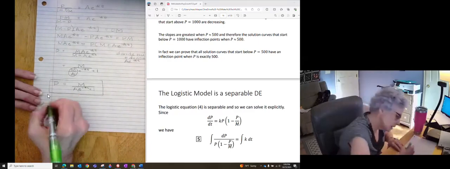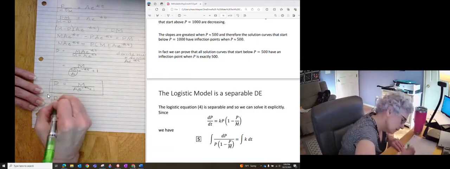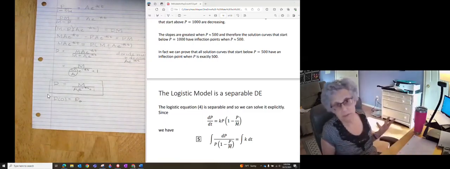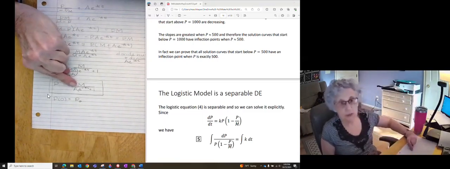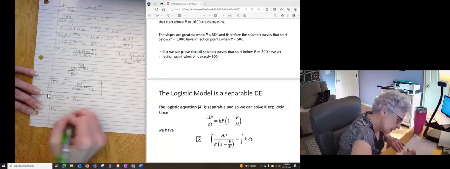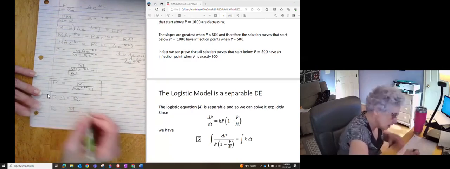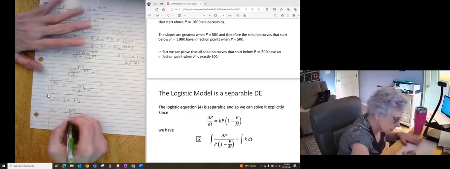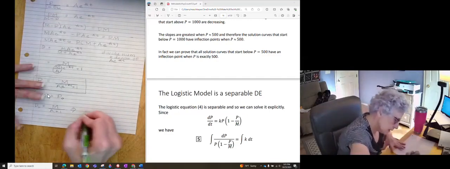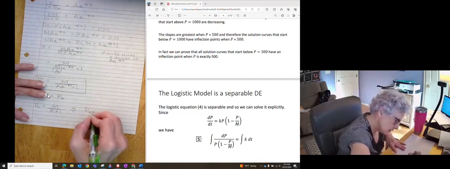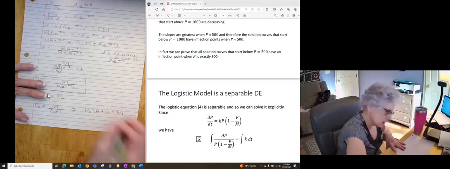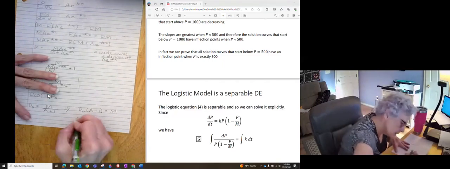You just need to figure out what this constant is if you have an initial population. So if p at time 0 equals p sub 0, then you can determine what your a is, because then p sub 0 has to be equal to m over e to the 0, so a plus 1, which implies that p sub 0 times a plus 1 is equal to m.